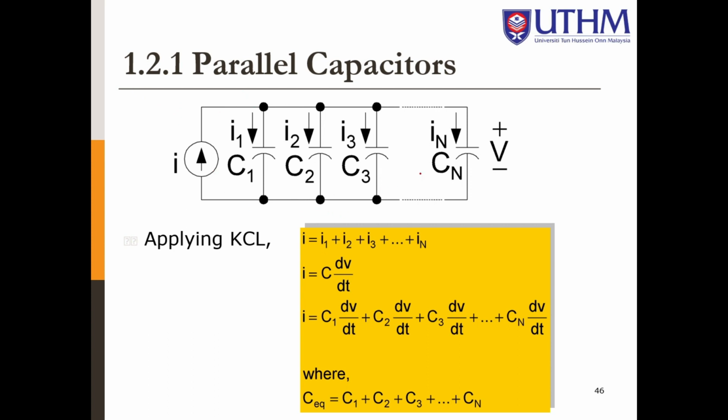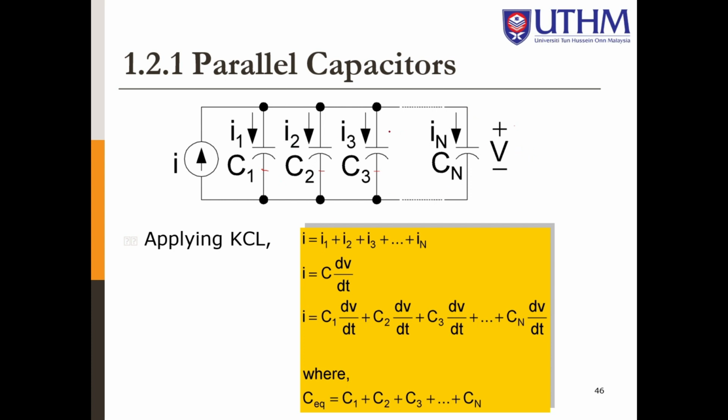If you're given a circuit like this, parallel capacitors, we can see that these are the capacitors in parallel. The current in each parallel capacitor should be different, but we know that for parallel components, the voltage should be the same.